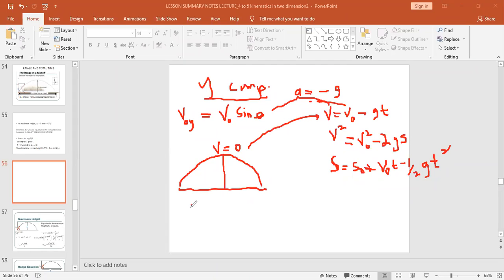So that is going to be 0 is equals to V naught sine theta minus gt. Re-expressing this, T is equals to V naught sine theta over G. So study it carefully whilst I take one comment.